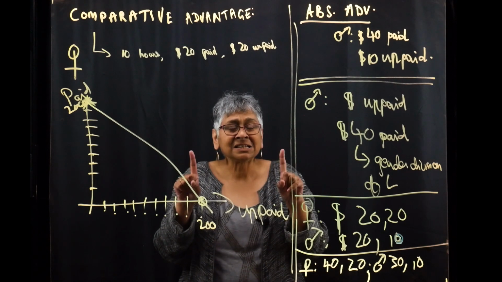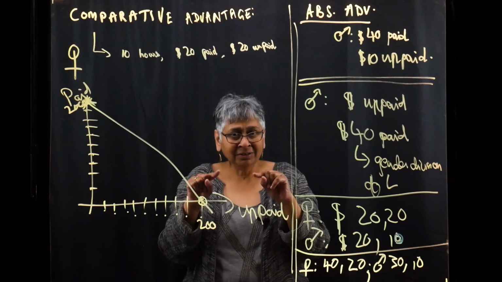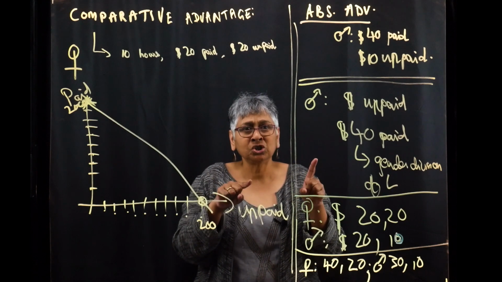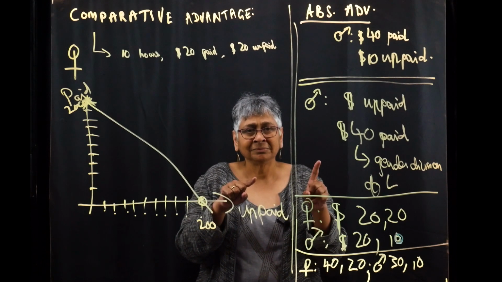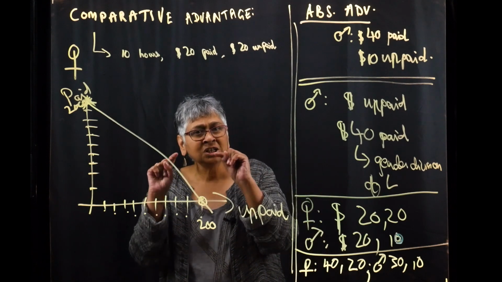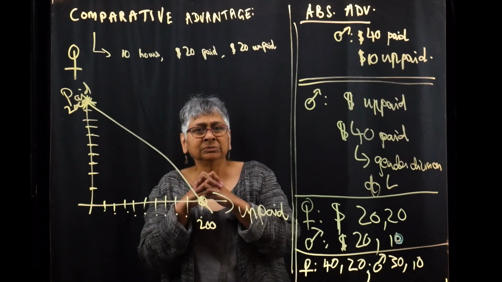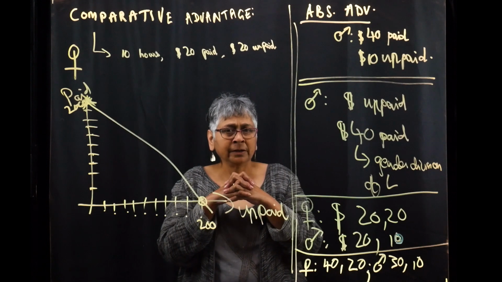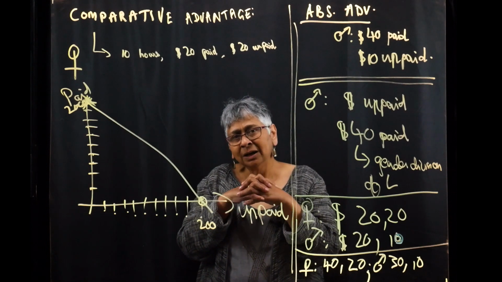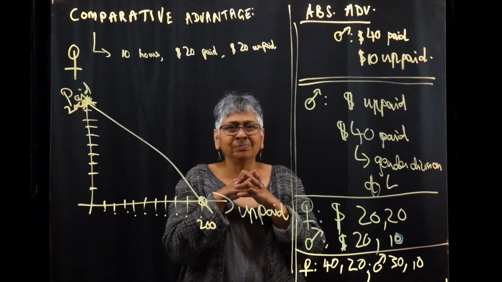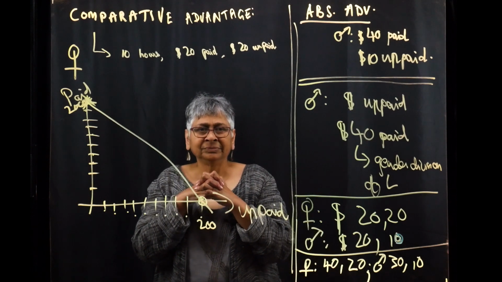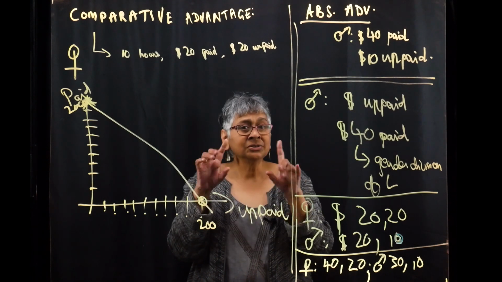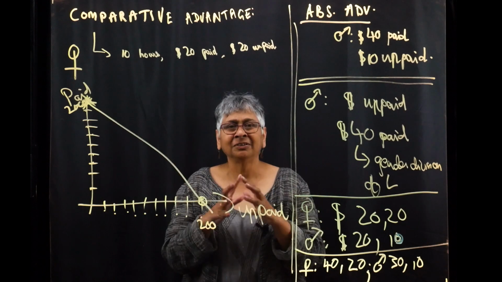And that is an empirical and sociological question. Is it really true, empirically and sociologically, that women are relatively better than men at household work? And the answer is qualified.